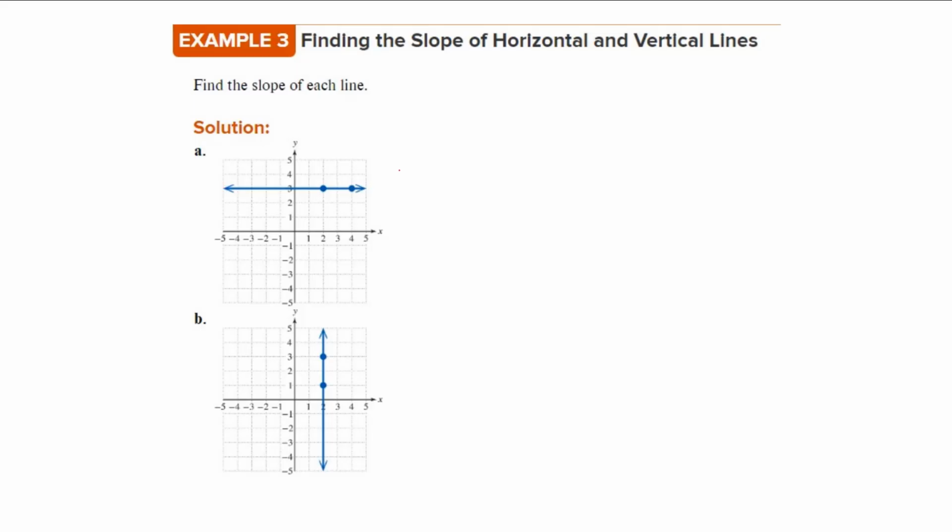So there is no rise for this particular line. So if you're writing rise over run, this line just has run. It doesn't have any rise. So it's going to be 0 over, it doesn't even matter what that is, because 0 over any positive number is 0. So a horizontal line will always have a slope of 0.